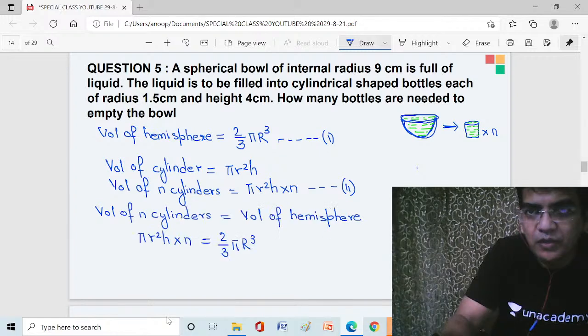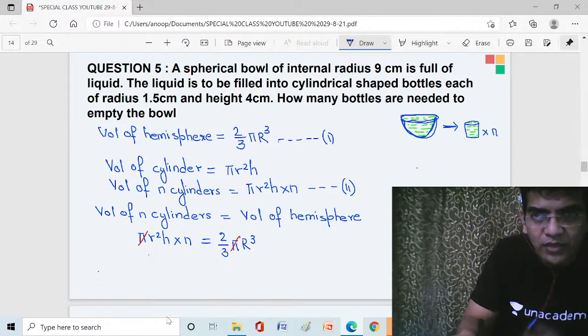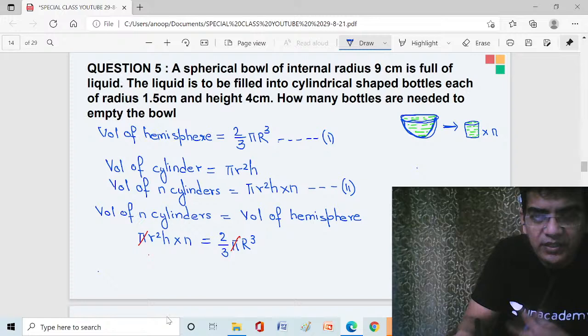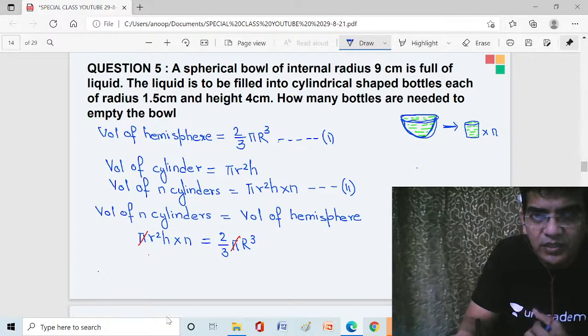Now, before substituting the values, you can see over here, we can reduce pi both sides. So let's reduce it before substituting the values. And now we will be substituting the value. Now on the left side, we need radius and height of the cylindrical portion.